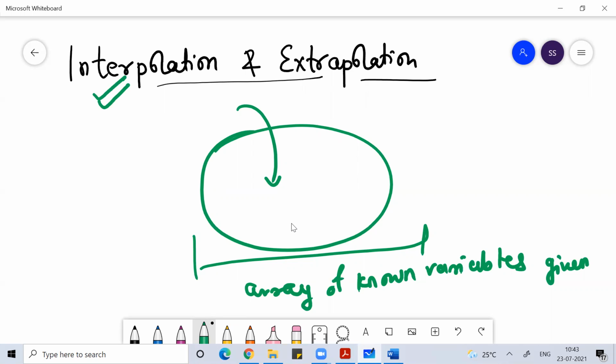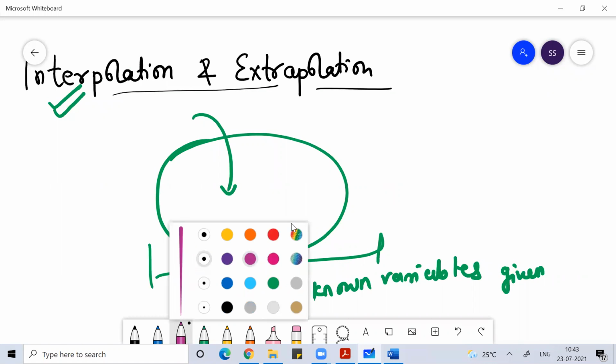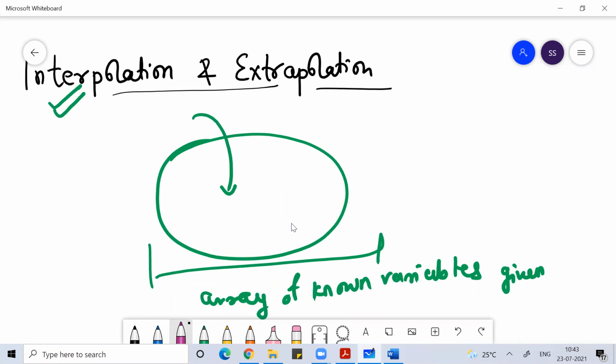And once we get the value of interpolation, then we use the same logic. Ultimately, when we have a series of data given, in the exam or in the question paper there will be values of the independent variable and values of the dependent variable.